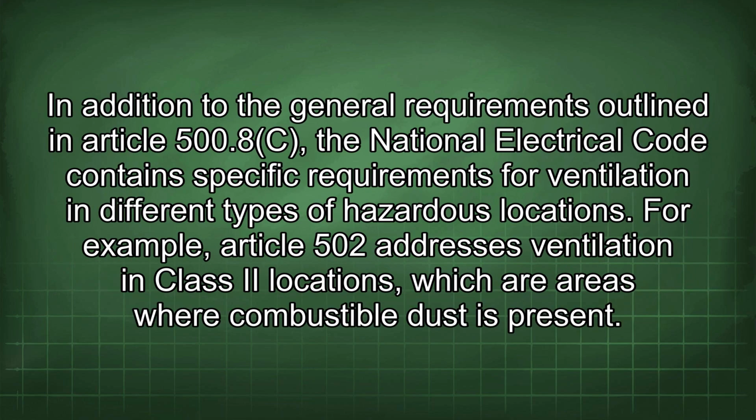In addition to the general requirements outlined in Article 500.8(C), the National Electrical Code contains specific requirements for ventilation in different types of hazardous locations. For example, Article 502 addresses ventilation in Class II locations, which are areas where combustible dust is present.